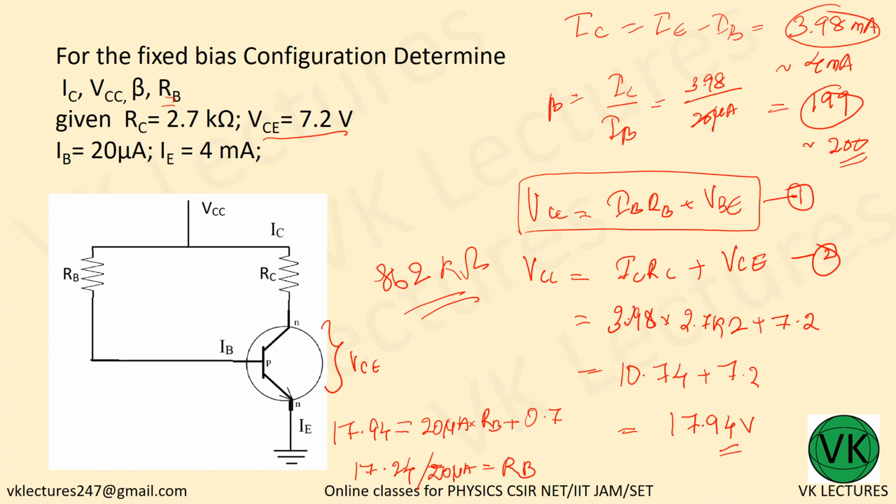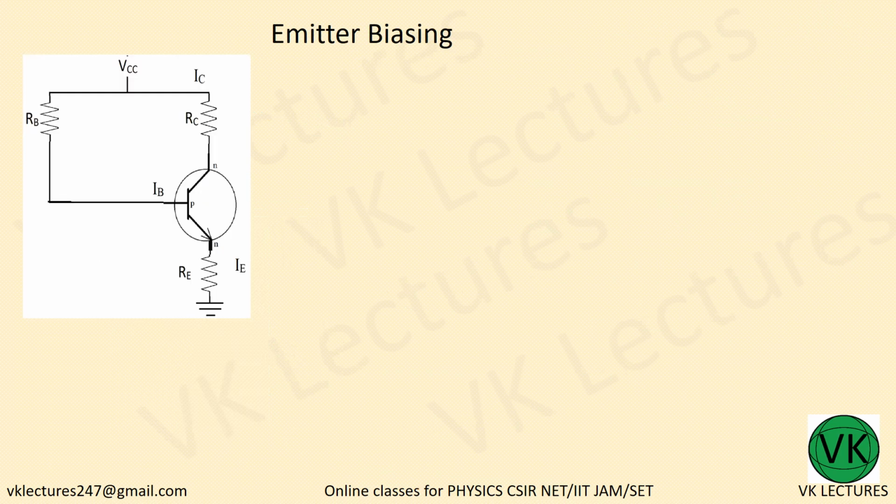Alright, fine. So this is it. So what we have? We have IE is equal to IC plus IB. We will equate it to IC. Okay. Now, but IC is equal to beta times IB.